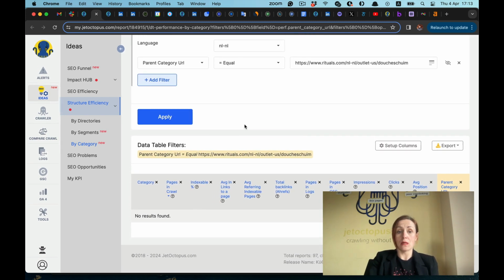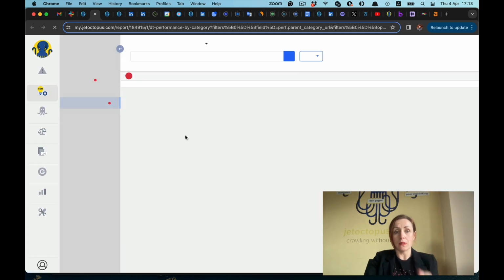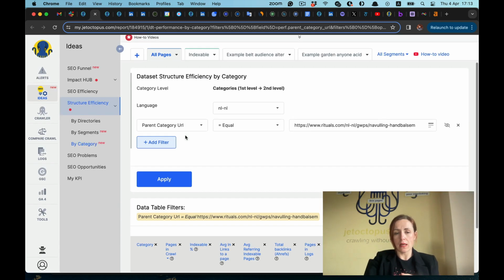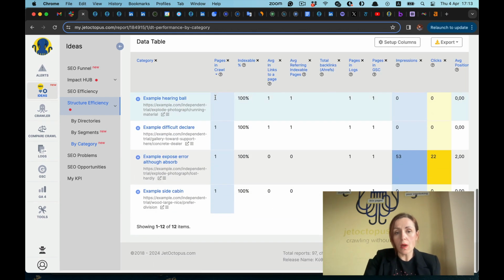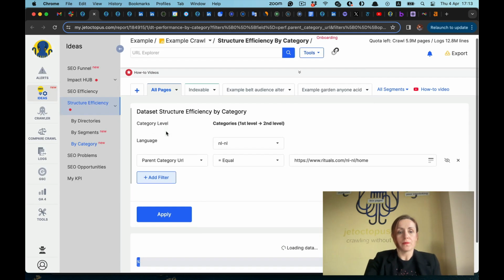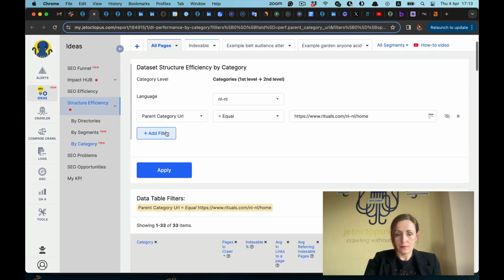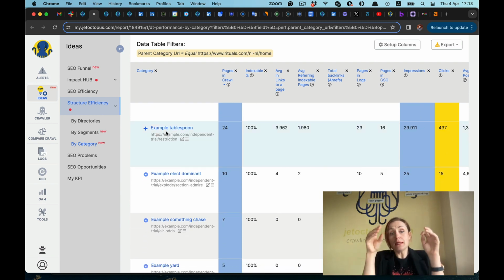Right now there are no subcategories, but when there are subcategories, you will dive deeper into them. Here again, no subcategories. So usually for big websites, there are subcategories. Let's try this one. Yeah, here we have subcategories, and again, you have detailed information on the level below.